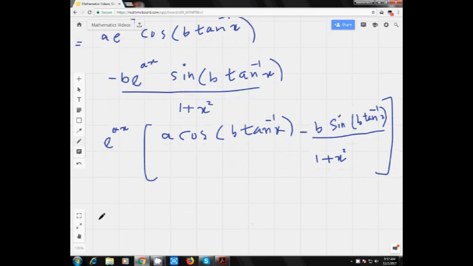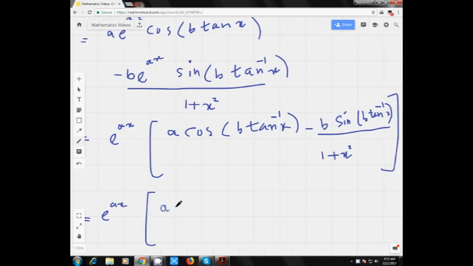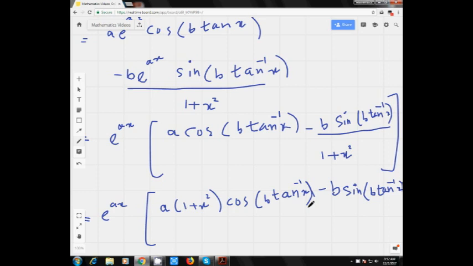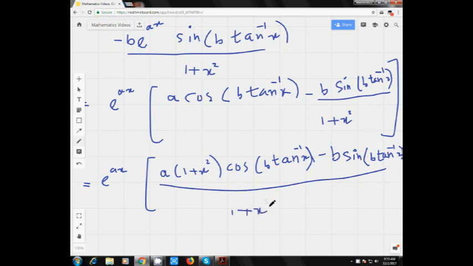Simplify it further. Take the LCM, e raised to the power ax. Simplify it, you get a multiplied by 1 plus x square cos b tan inverse x minus b sine of b tan inverse x, whole thing divided by 1 plus x square, because you can write this 1 plus x square here.